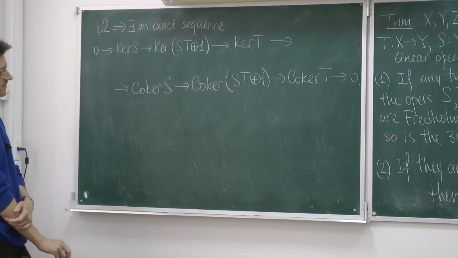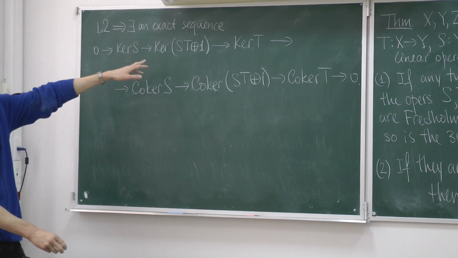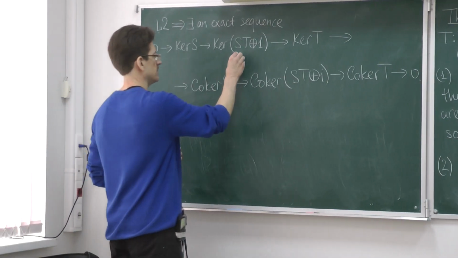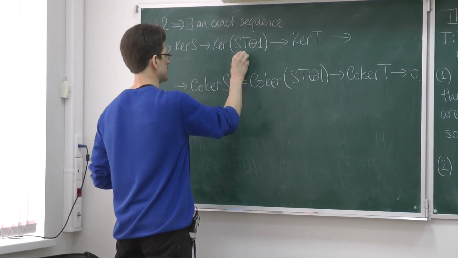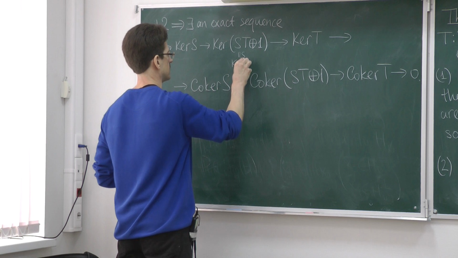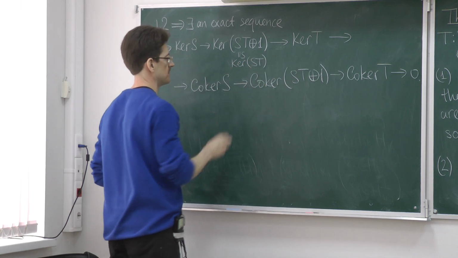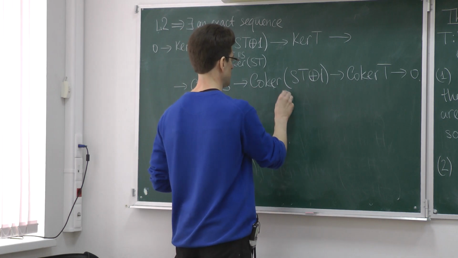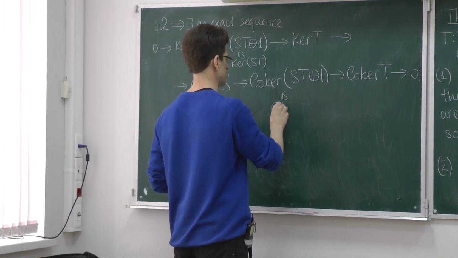Let's now observe that the kernel of ST plus 1 is obviously isomorphic to the kernel of ST, because the kernel of the identity map is trivial. And for the same reason, the co-kernel of ST plus 1 is isomorphic to the co-kernel of ST.